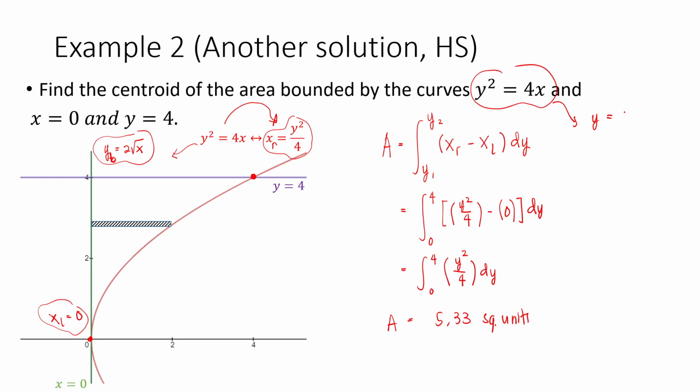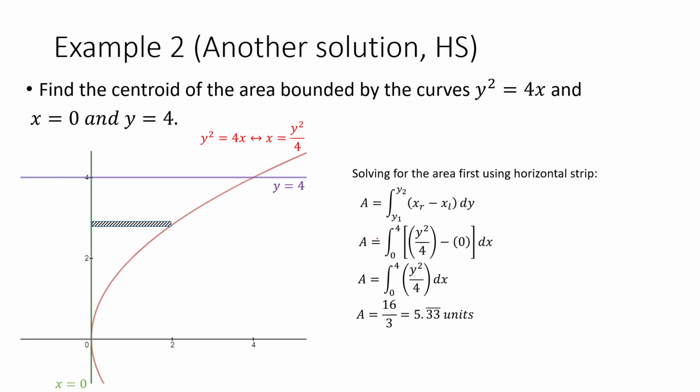So I get square root of 4x. If I express this in x, x equals something, so y squared over 4. Right away, I can see that if I use the vertical strip, I'm going to deal with square root of 4x. If I use the horizontal strip, there's no radical expression, so it's better. So that is one method of knowing which strip is much easier to use. Okay, so that is 5.33.